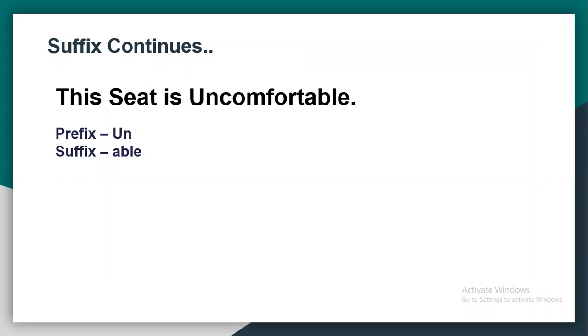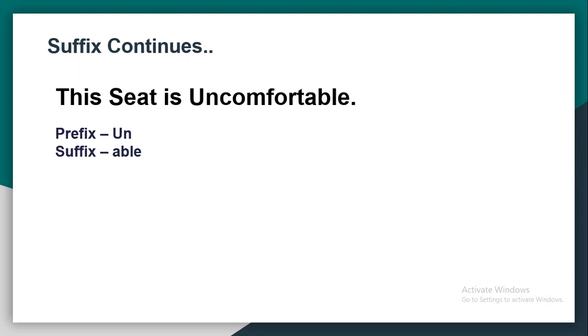So the word comfort, to make it an adjective, the suffix able is used. So it has turned into comfortable. And to make that word into a negative meaning, they have added the prefix un, which sounds totally opposite, like uncomfortable, which means not comfortable at all.